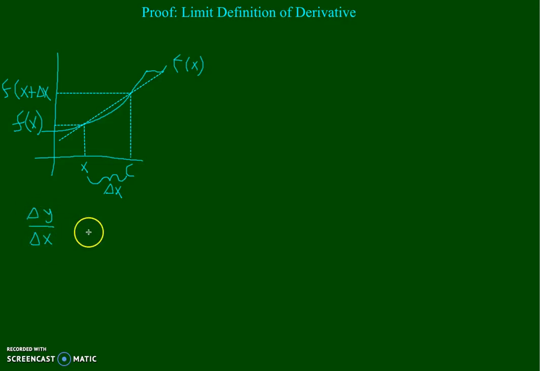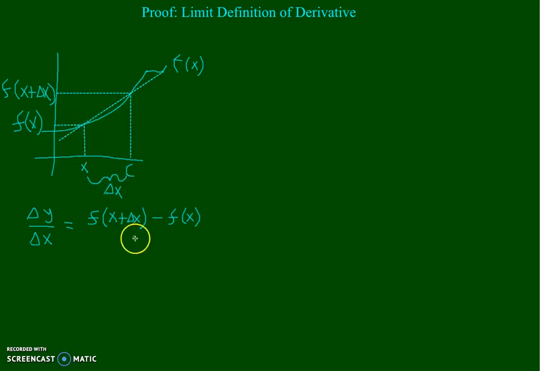Change in implies a difference. So the change in y is going to be this y minus this y. So we're going to have f of x plus delta x, whoops, we forgot a parenthesis over here, minus this function, f of x. So this gives us the difference of the y's.